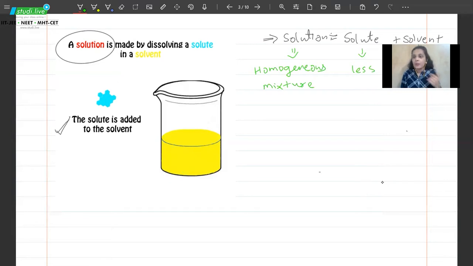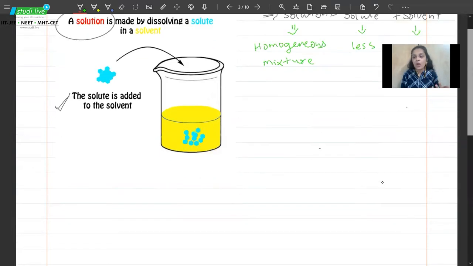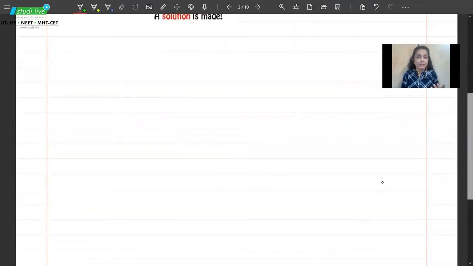So now I'm hoping you understood very well what a solution is and how it has been made. Over here, we are going to talk about the binary solution, which is made up of two components mainly. Our topic of discussion now is what type of solute and solvent we can take to form different types of solutions. So we are doing the classification of solution, and based on the different types of solute and solvent that we are taking, there are 9 types of solution.